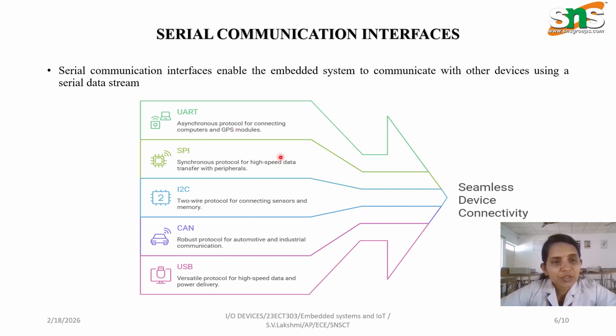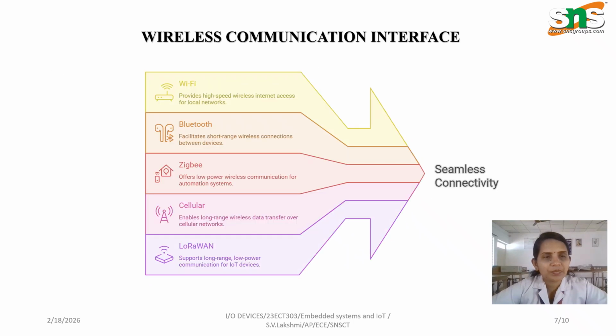SPI is a high speed communication protocol for connecting peripherals. I2C, the inter-integrated circuit, is a two-wire communication for multiple sensors or devices. CAN is the controller area network. It is mainly used in vehicle communication, where the number of wires is reduced by applying the CAN protocol. USB is a serial communication protocol for high-speed data transfer. These are the serial communication interfaces.